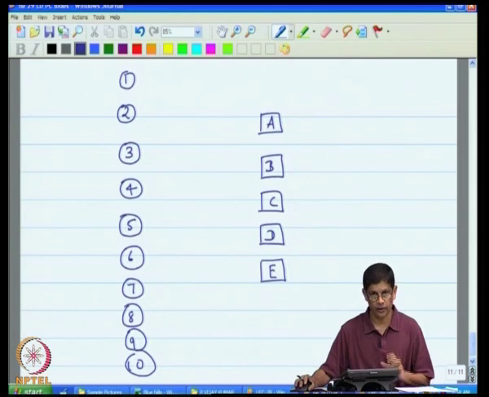So, I will finish drawing this figure, take about a minute or so more, and then I will explain.